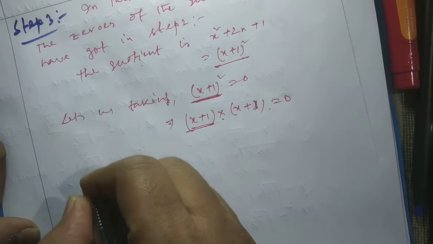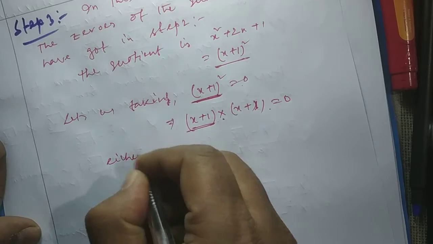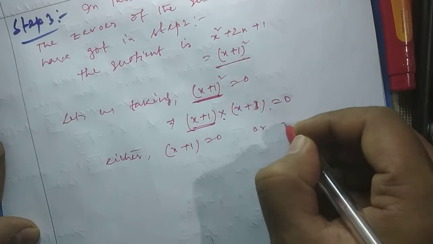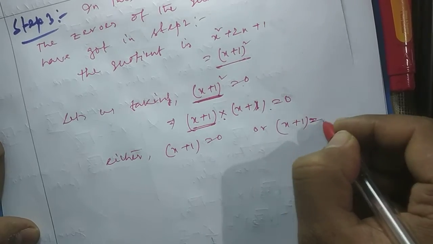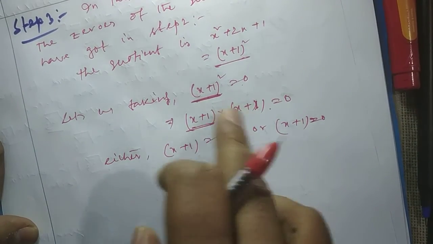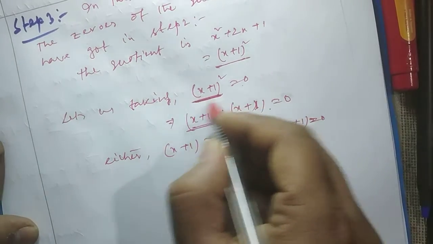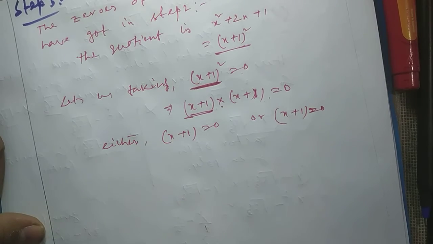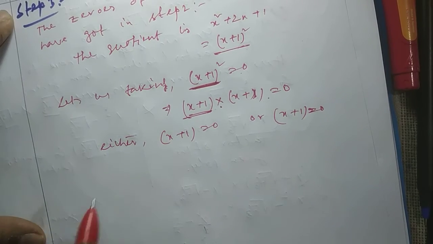So you can say from here, either the first factor is 0 or the second factor is 0. Eventually both are same. Why they are same? Because it was the perfect square. Correct? That's why we got the two same factors.